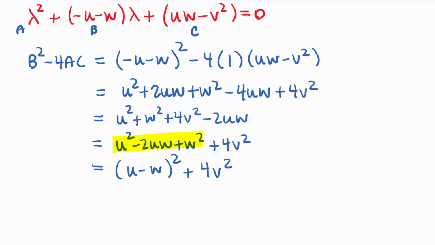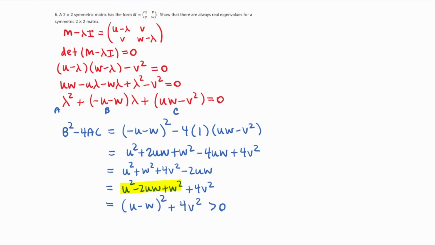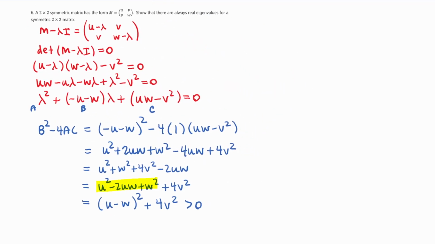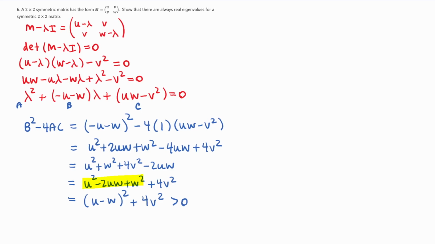And provided that u, v, and w are not all 0, this will be greater than 0. And I don't know if there was a disclaimer in the statement of the question. No. Okay, but, symmetric non-zero matrix, then we're good. Okay, and so it has to do with square numbers always being positive. That was kind of a wild ride.